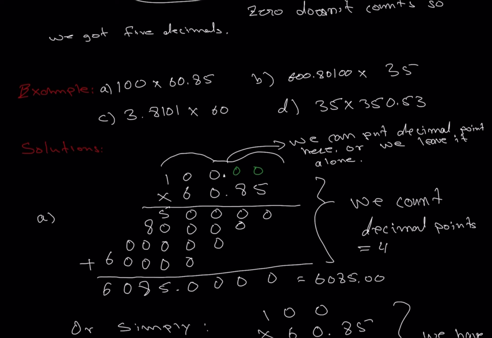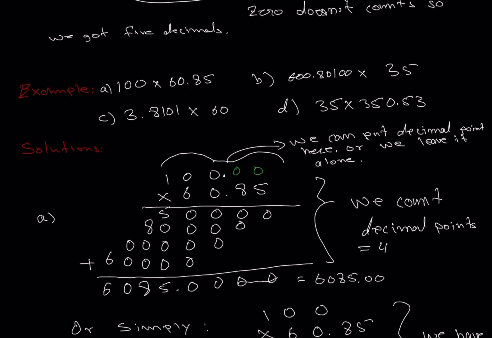Add them all together, then count those decimal points. How many decimal points do we have? If you count those green points, 1, 2, 3, 4. But our problem here, we only have 2 in this scenario, so we will take 2 out.